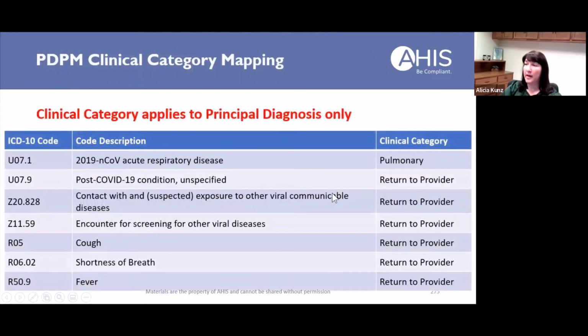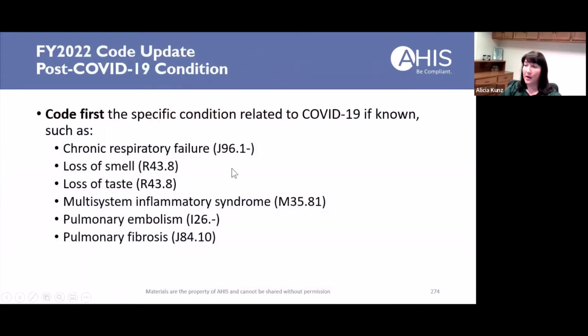And let's take a look at how these map to clinical categories. U07.1 COVID-19 maps to pulmonary. Post-COVID condition does not. It's a return to provider code. Now, we don't want to stress about that because, remember, we are first coding the condition.